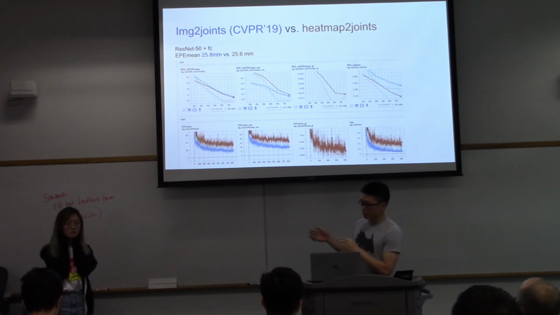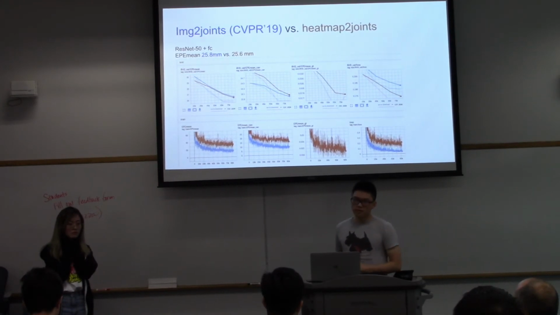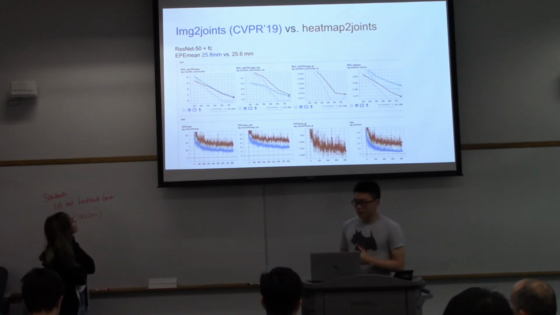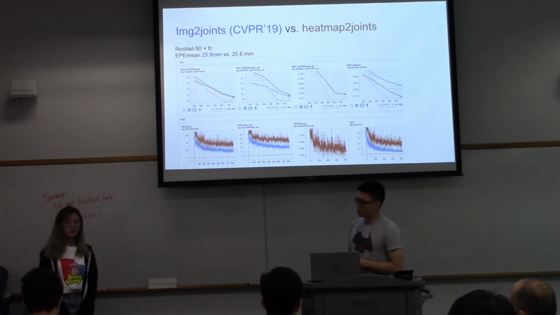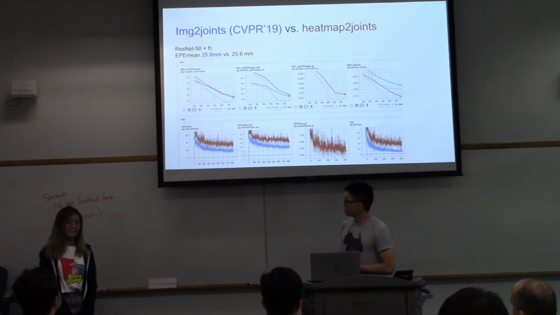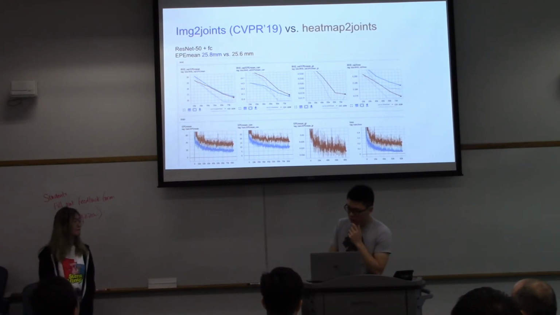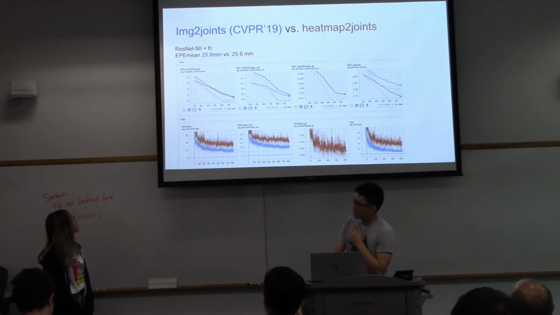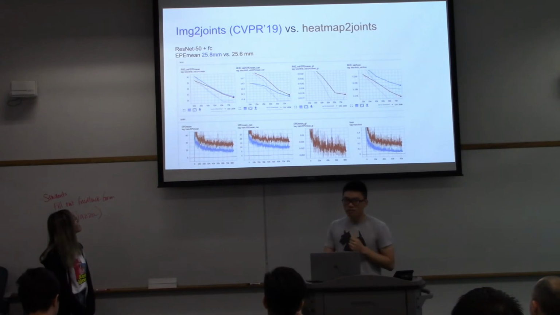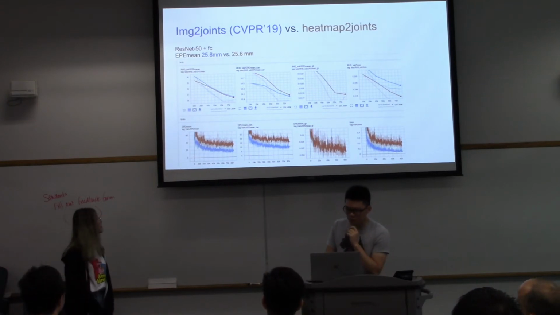Instead of using an hourglass to detect the key points and then lifting the key points to 3D, we can simply use a ResNet 50 to predict the rotation and the canonical pose from the image. And it turns out it also works very well. The endpoint error is only slightly worse than the SSA 17 paper.